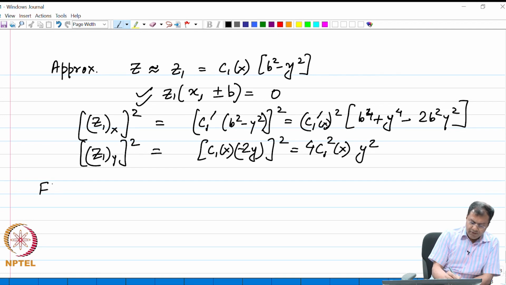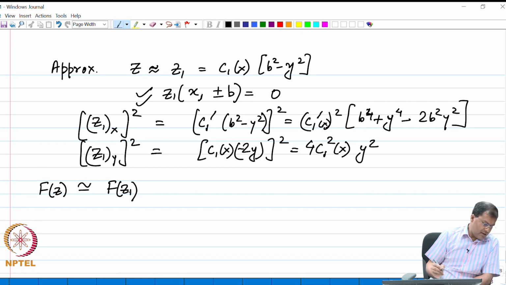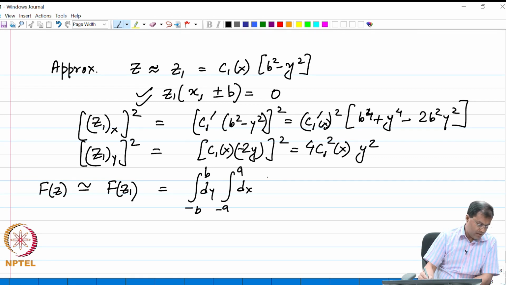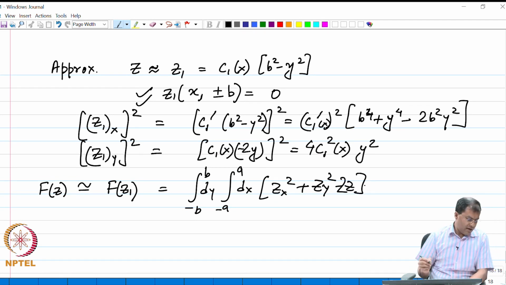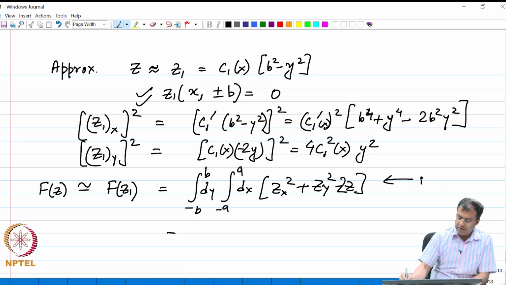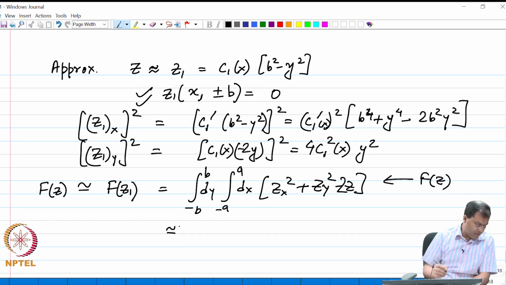I see that my F of z can now be approximated with z1, and my F of z is originally this integral. Let me write down this integral. This is now approximated using my z1, and we see the following integral.